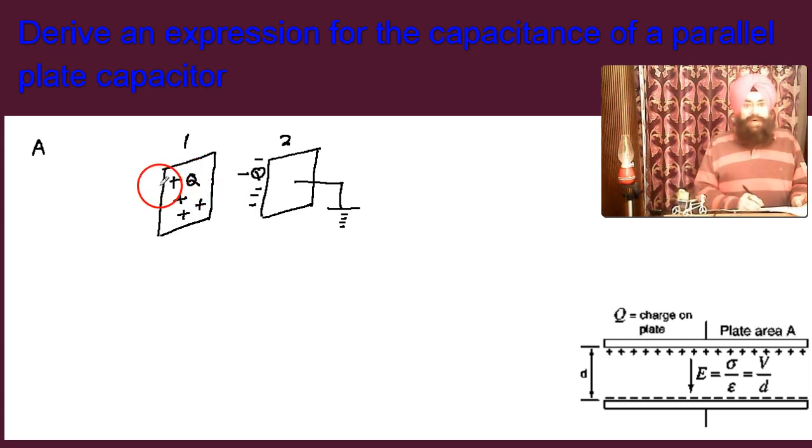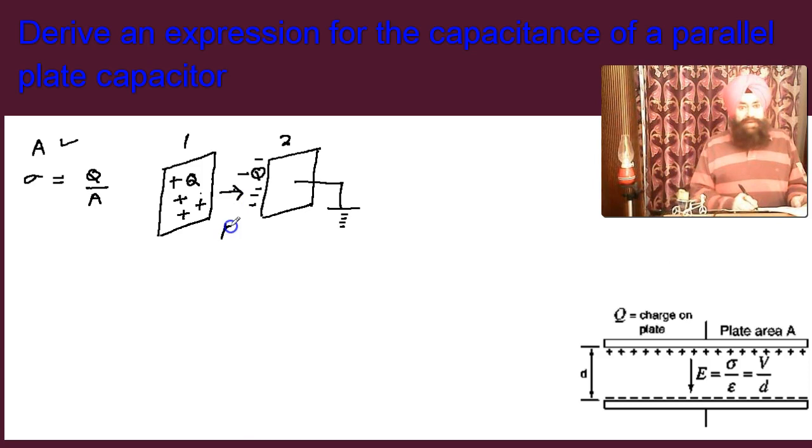Now this Q charge and the area of the plate is A, and sigma becomes the surface charge density, charge upon area. Now in the region between 1 and 2, there will be an electric field E, and in magnitude E will be equal to sigma upon epsilon naught. You will ask where this expression is from.